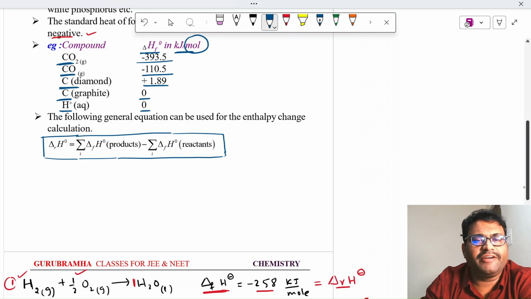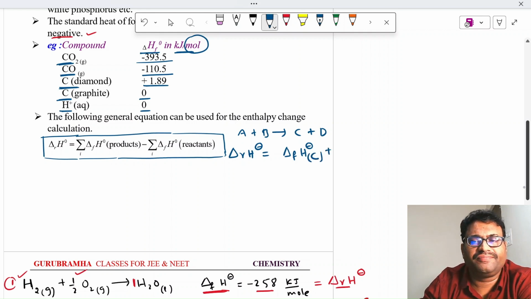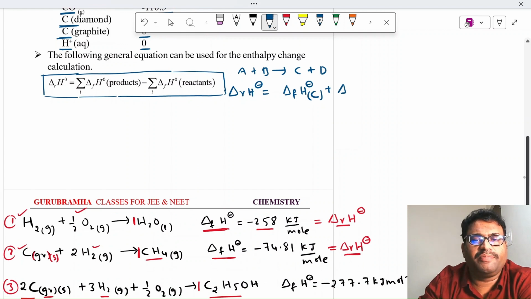For example, let me take A plus B gives rise to C plus D. Then applying this formula, if enthalpies of formation of A, B, C, D are given, then the standard enthalpy of reaction is equal to the standard enthalpy of formation of C plus the standard enthalpy of formation of D. These two are products.